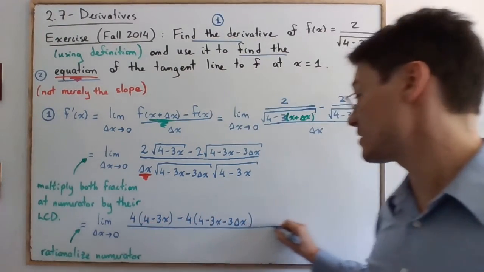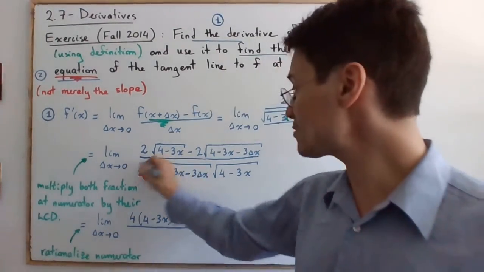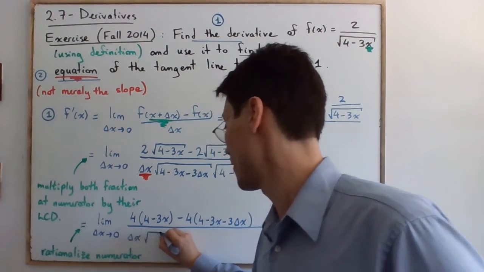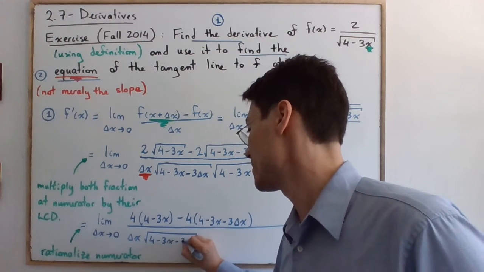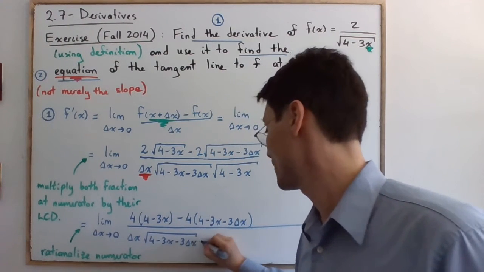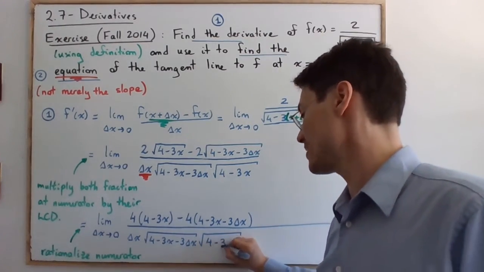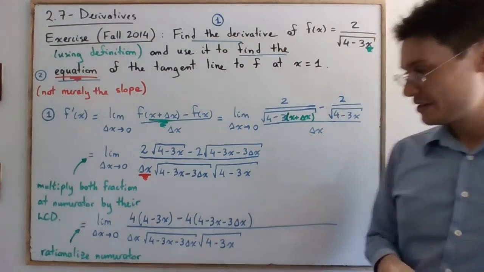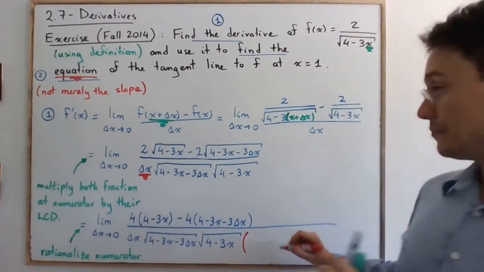Now the bottom is going to get gigantic, okay? Bear with me. So it's what we have over here. So delta x, square root of 4 minus 3x minus 3 delta x, times this square root right here, 4 minus 3x, times the conjugate, okay? So I will write it in here.